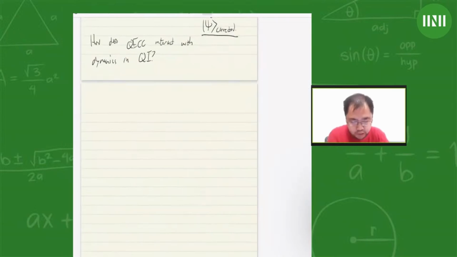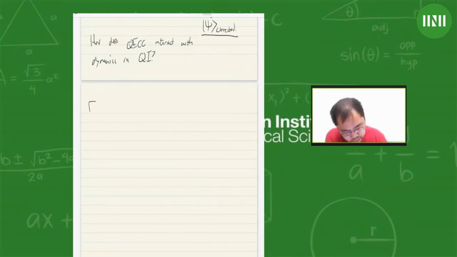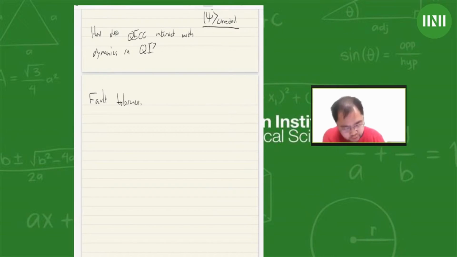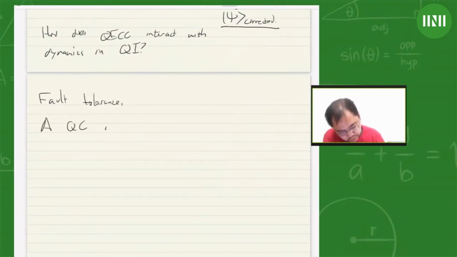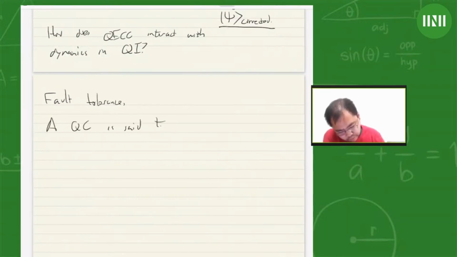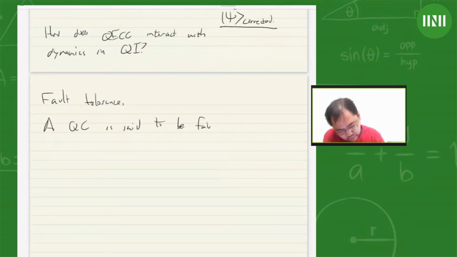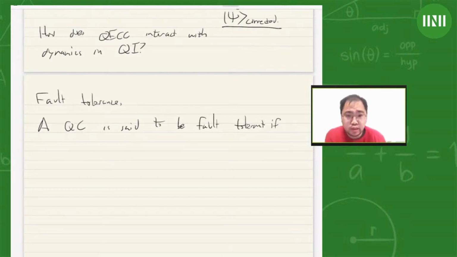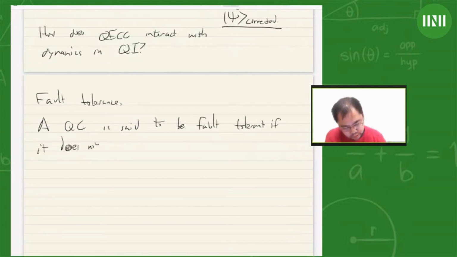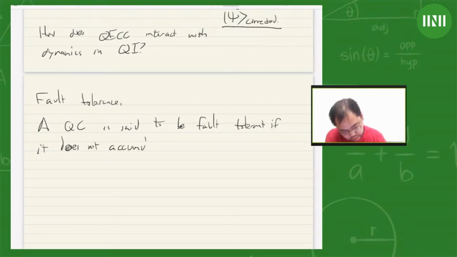How does quantum error correction interact with dynamics in quantum information? The answer to this is fault tolerance. So a quantum computer is said to be fault tolerant if it does not accumulate errors asymptotically.